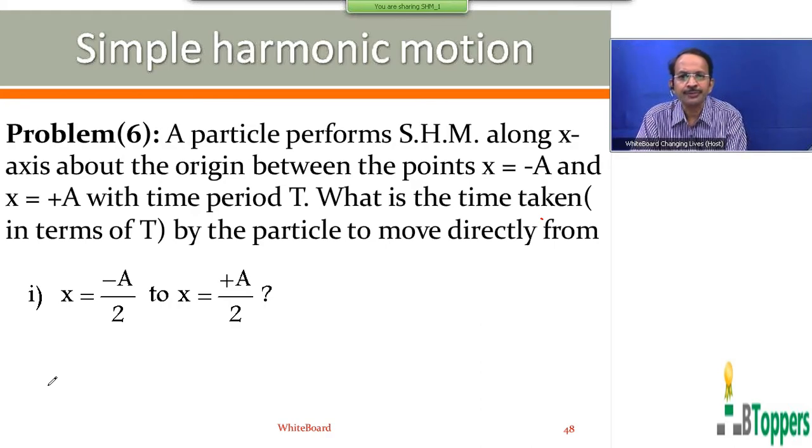So simple harmonic motion can be considered the projection of a particle performing uniform circular motion on one of the diameters.